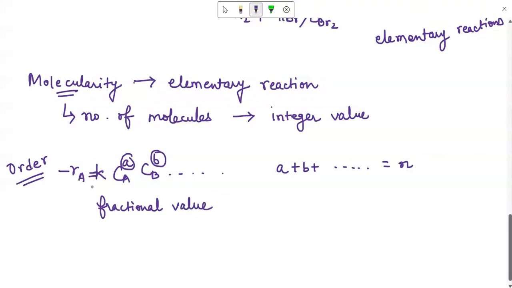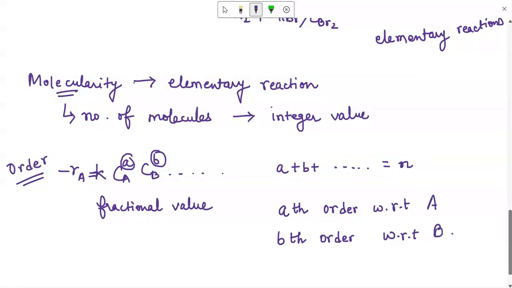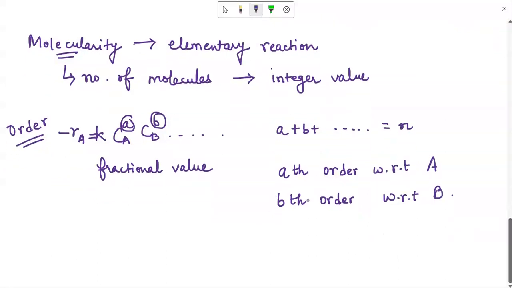So if you are describing this rate of progress of the reaction with respect to A, then you will say a-th order with respect to A. With respect to B, you can say b-th order with respect to B. And if you want to see the overall order, then you can say nth order, because if you sum these powers up, you get the overall order.